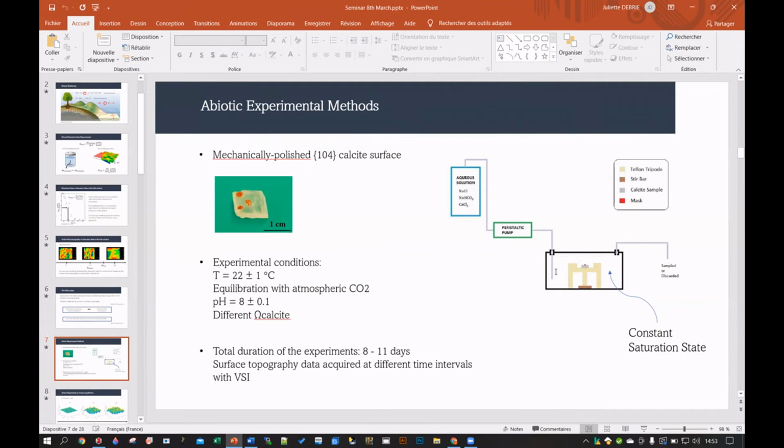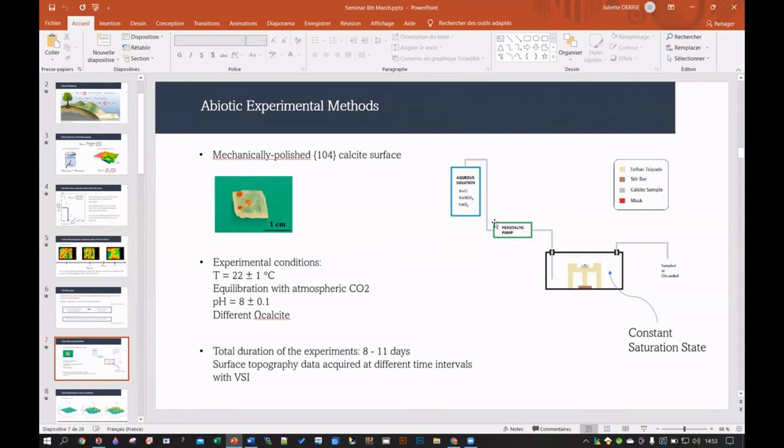We were working with a very high concentration of sodium. The composition of the solution was sodium chloride, sodium hydrogen carbonate to regulate the pH, and calcium chloride.